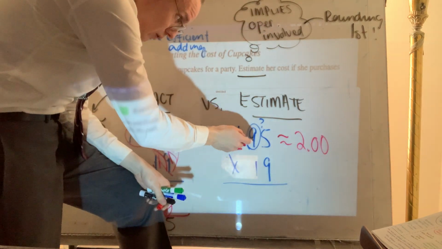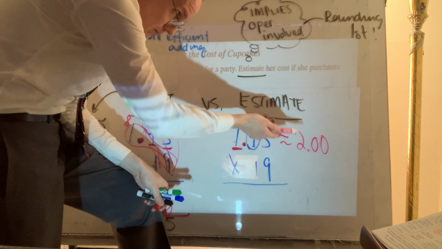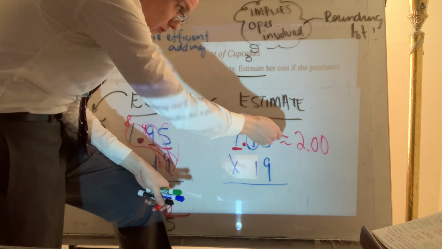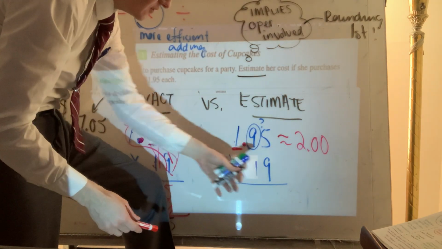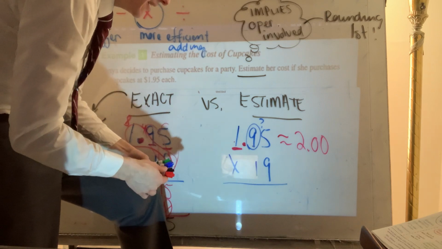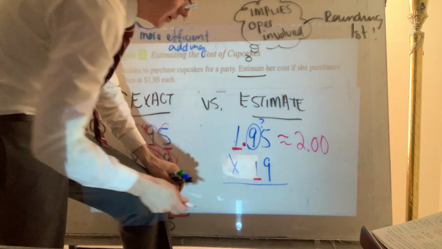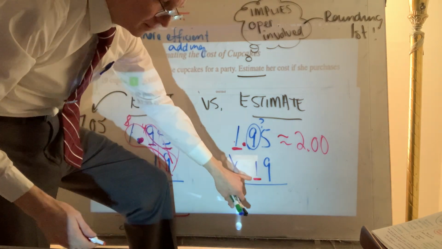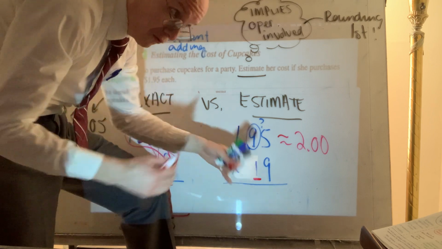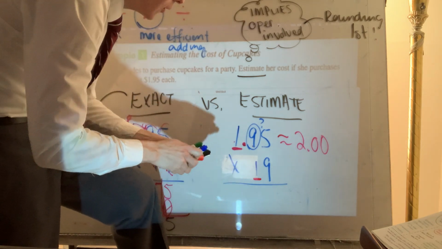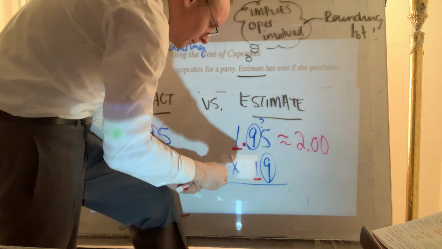Because according to the rule, if this is 5 or greater, then you increase that underlying digit by 1, so it's 2. And then you could put zeros in place of it. It's rounded up, right? This 19, right? Again, for the sake of convenience, I might round this to the tens place. Notice that's not consistently the same place. This is the ones place I rounded to. This is the tens place that I'm rounding to for convenience sake. All right. So again, making the judgment call based upon the 9 here.